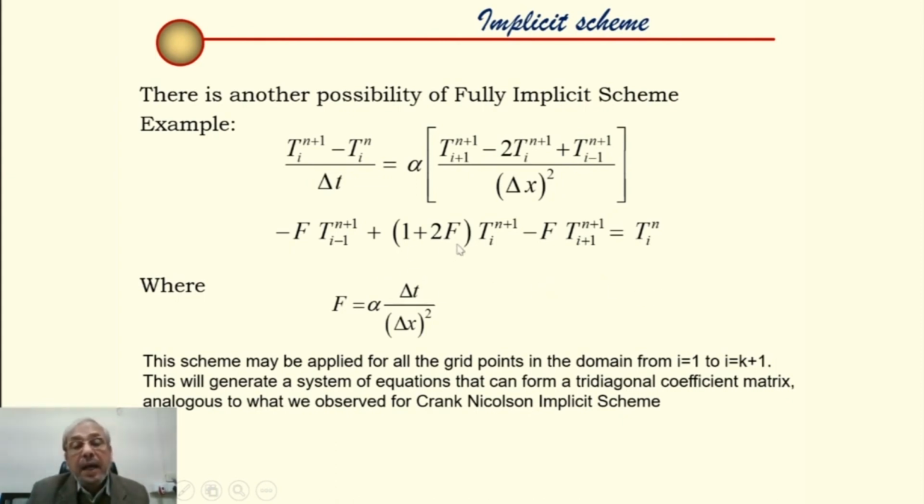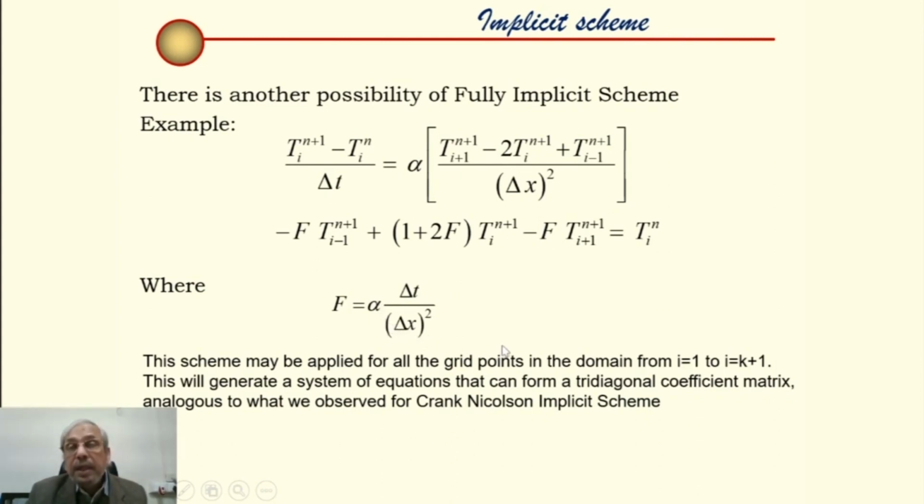So here, instead of calling alpha delta T by delta x square, we have written it as F. There is a reason, because although r is a general term, for the Crank-Nicolson scheme we wrote alpha delta T by delta x square. Here we have given a special nomenclature F, because this term can be called the grid Fourier number.